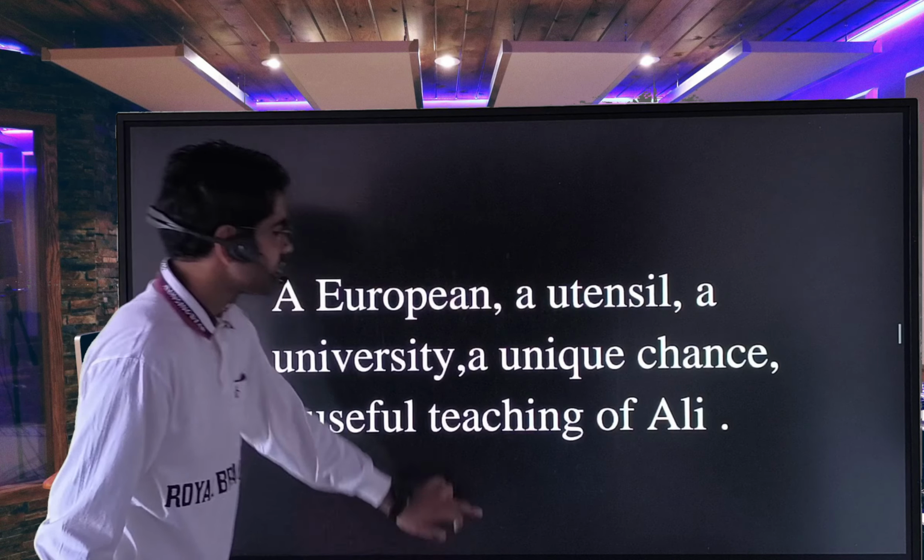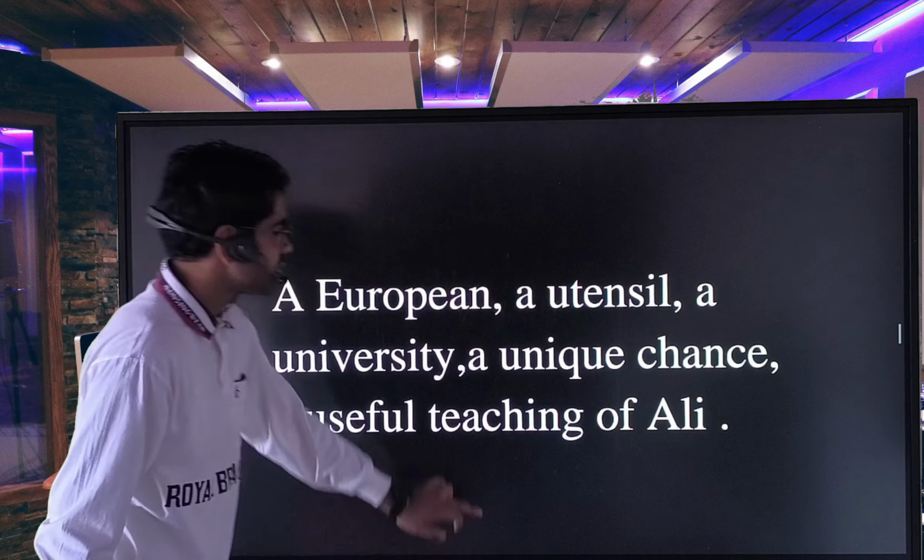Rule number 3. The words beginning with O and giving the consonant sound of V. Again I'm repeating, the words beginning with O and giving the consonant sound of V. Like a one-eyed man. Here this is a vowel, right? So shouldn't we use an one-eyed man, because this is a vowel letter?